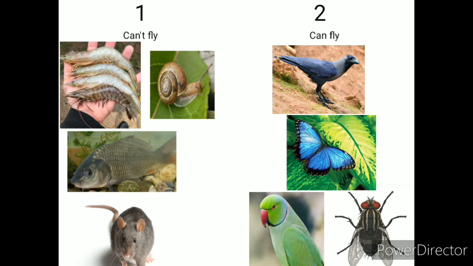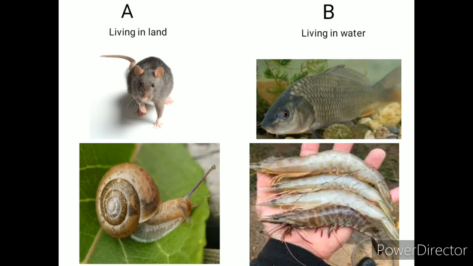How can you classify? Yes, based on their habitat. That means based on the place in which these animals live, you can classify them into two groups: group A, living on land, that is rat and snail, and group B, animals living in water, that is fish and prawn.